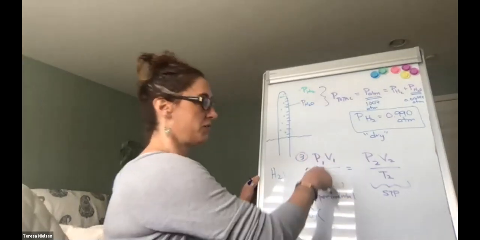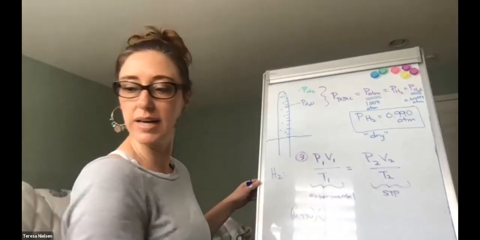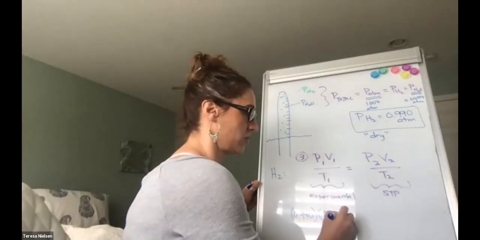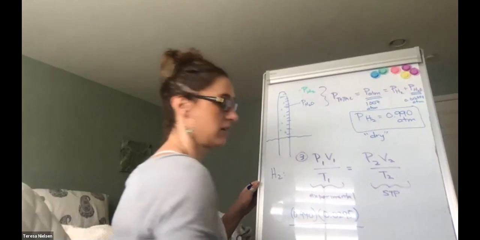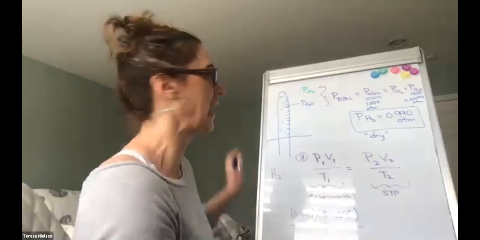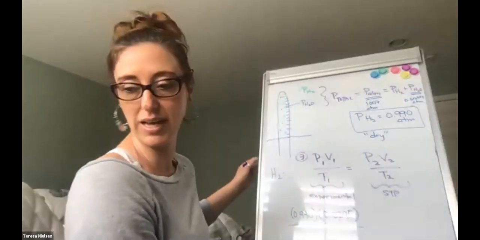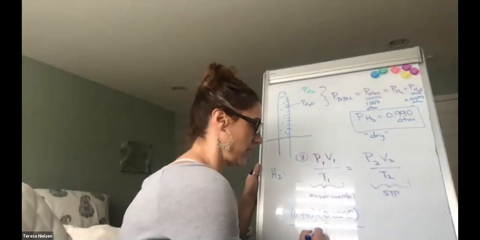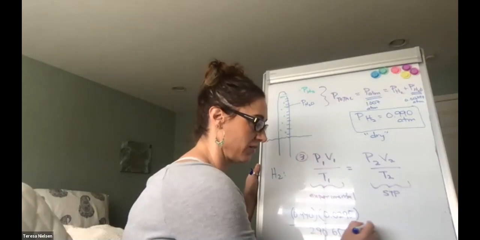The volume of the hydrogen gas that was collected was 0.0295 liters. The temperature of the air in the room, and you assume the temperature of the gas inside is equal to the temperature of the gas outside, is 290.65 Kelvin.